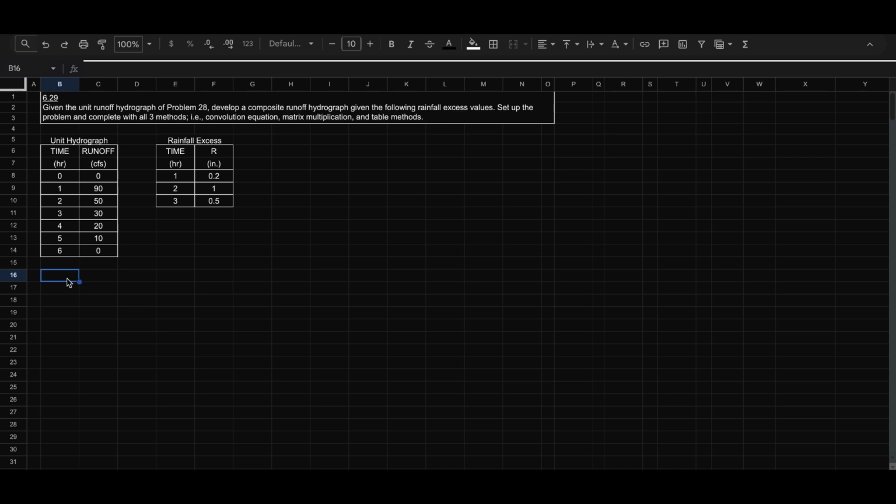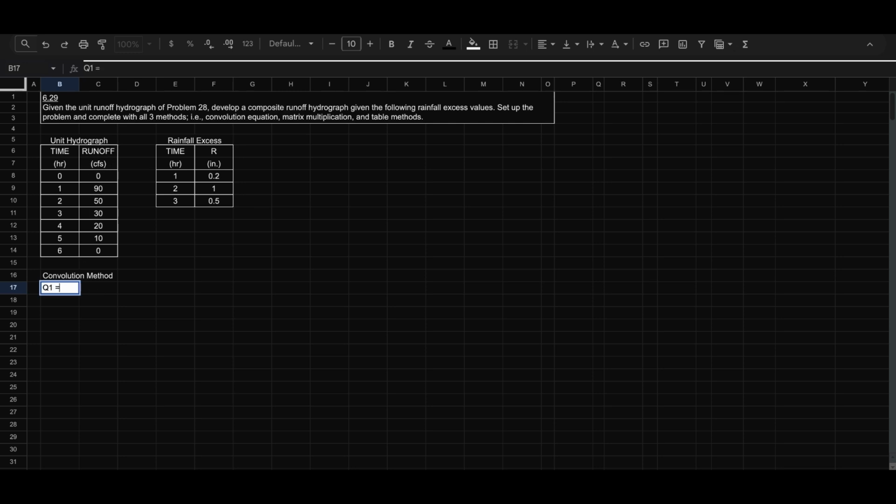But let's start with the convolution method. The way you do that is all we need to find now are the Q values. So we're going to make a list of, we have 1, 2, 3, 4, 5, 6, 7 Q values for the unit hydrograph.